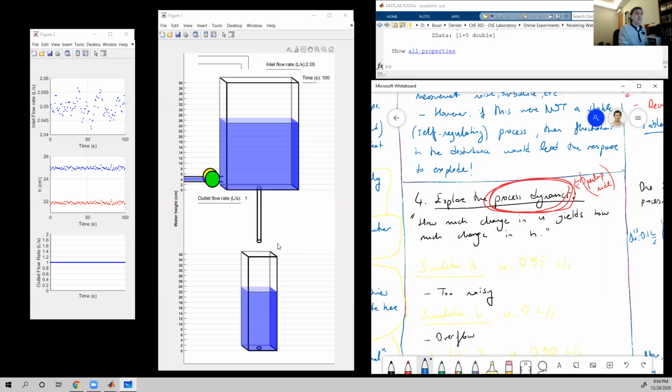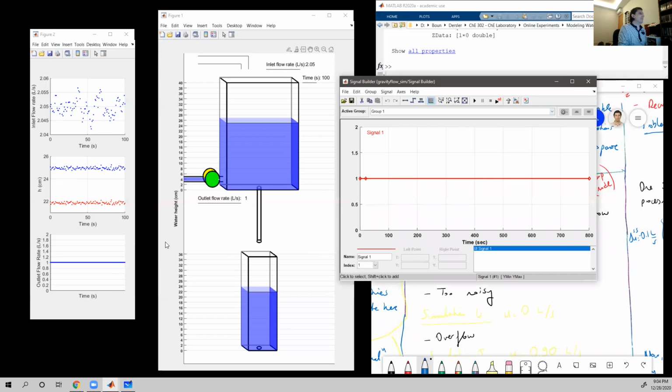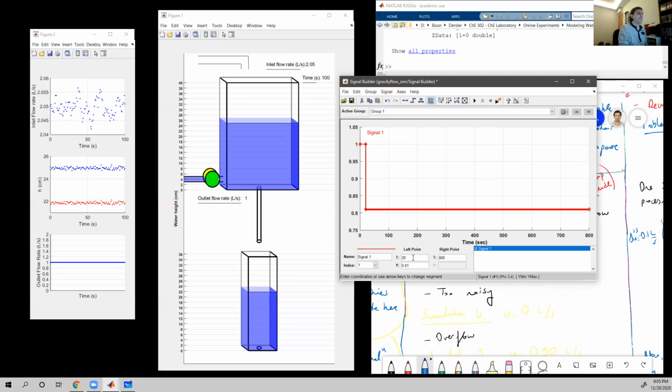Okay, so here we have a practical problem in our case, and since we have the process, we can do any change that we like. Let me give you an idea. I'm going to do the change here. This is the outlet flow rate. I'm going to change this outlet flow rate to any value that I like. For instance, for the first 20 seconds, it's going to stay at 1.